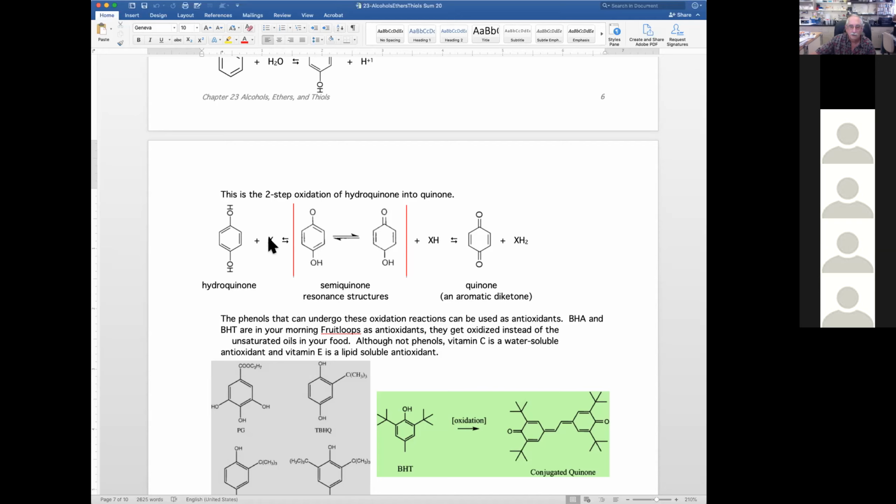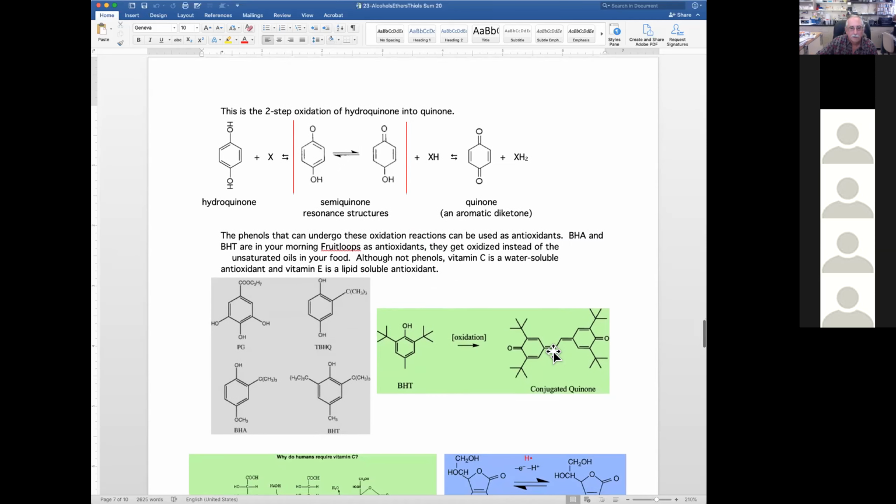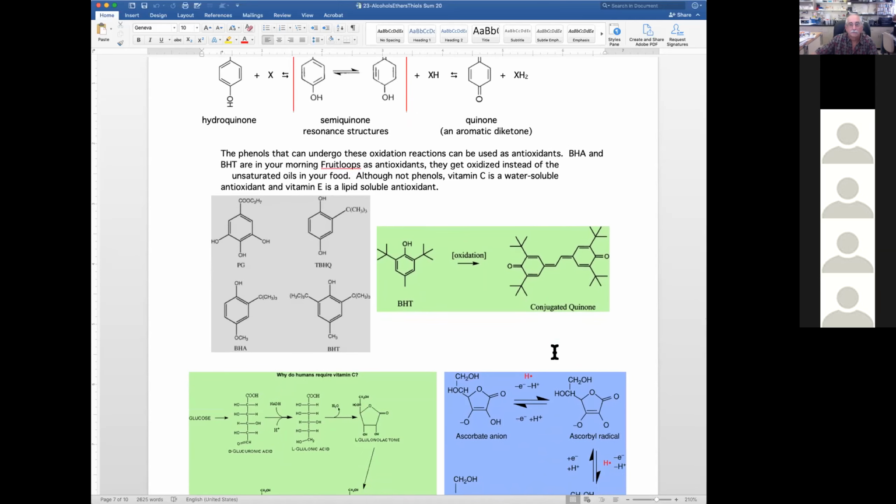So if you look at many of your foods, they'll have BHA and BHT, one or the other, or maybe even both. And those are antioxidants. So here's a bunch of them. Let's see. Here's BHA, here's BHT, here's some other ones over here.